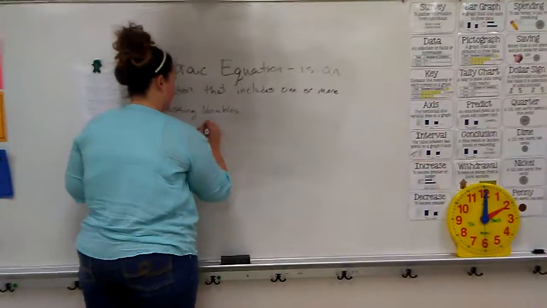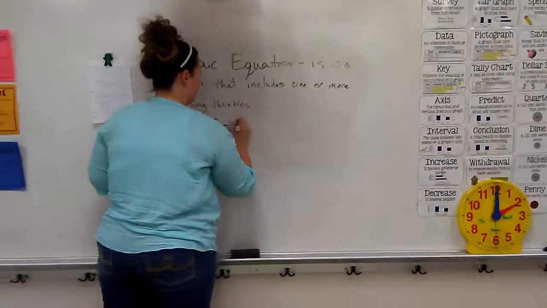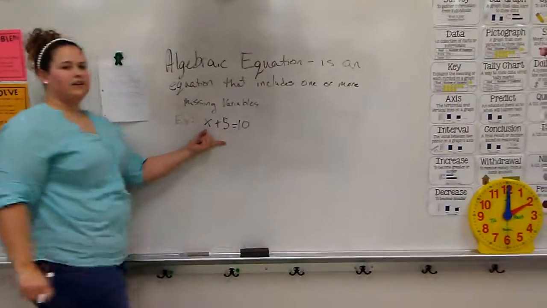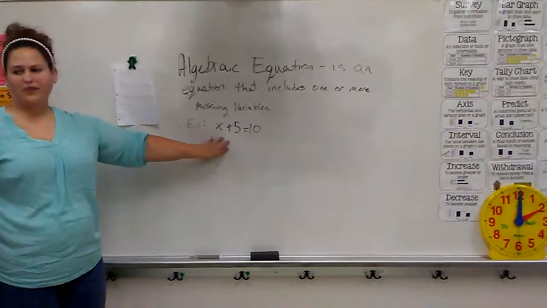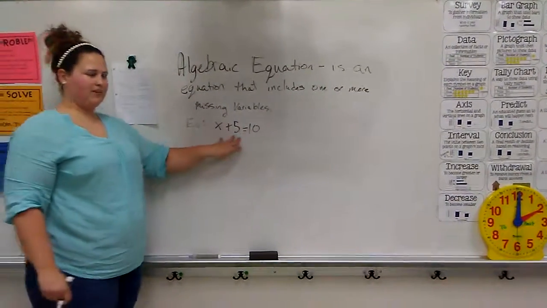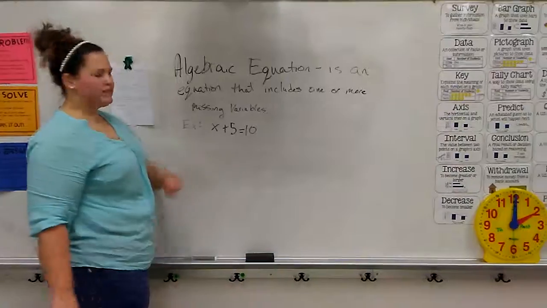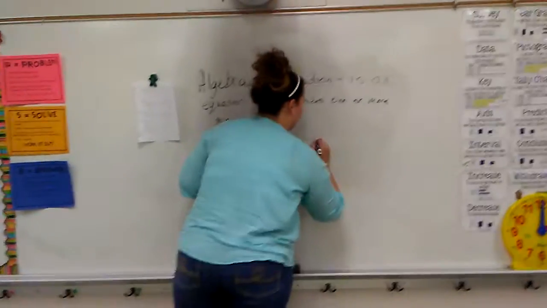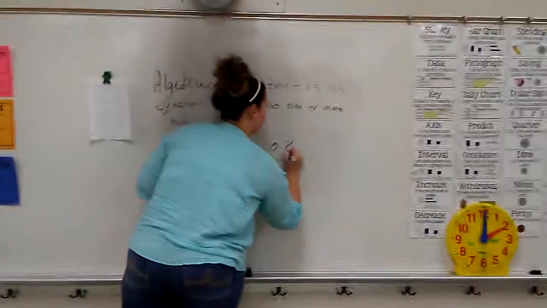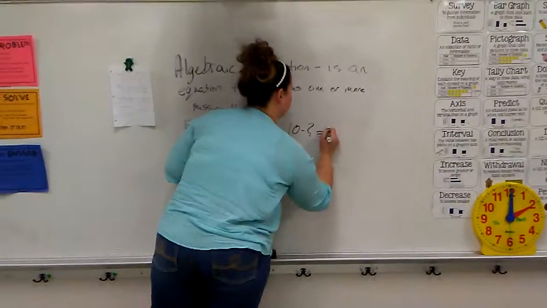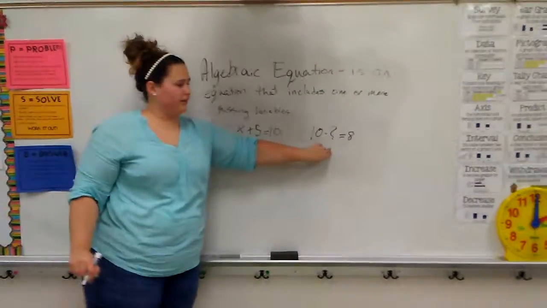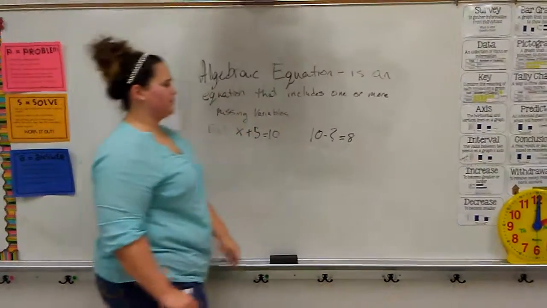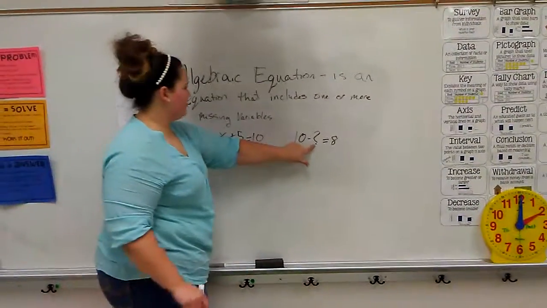All right, here's some examples. X plus 5 equals 10. That's actually an algebraic equation. Now, I know you all know the answer to this, but we'll get back to this in a second. Another example would be something like this. 10 minus question mark equals 8. This is our missing variable.